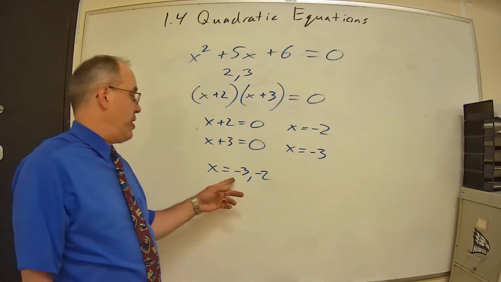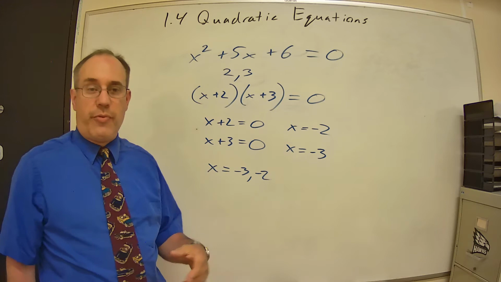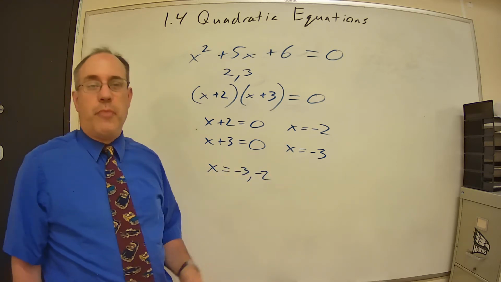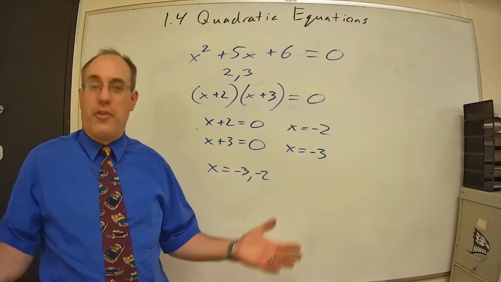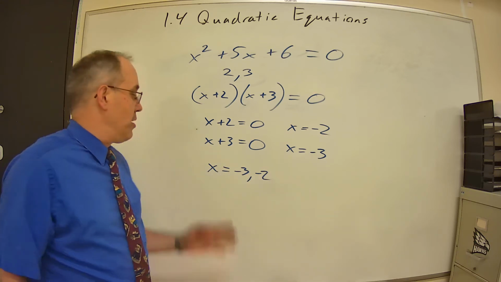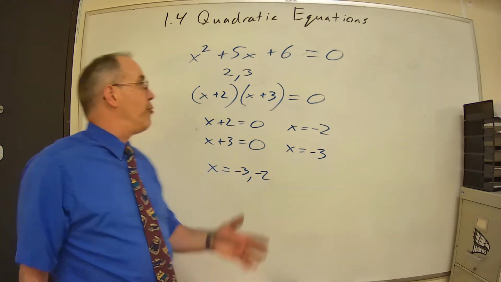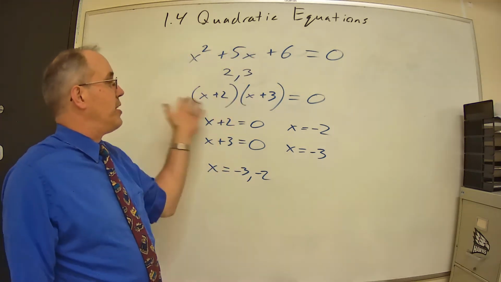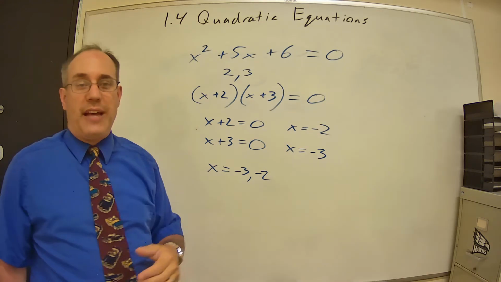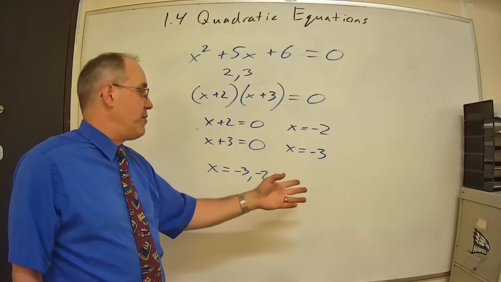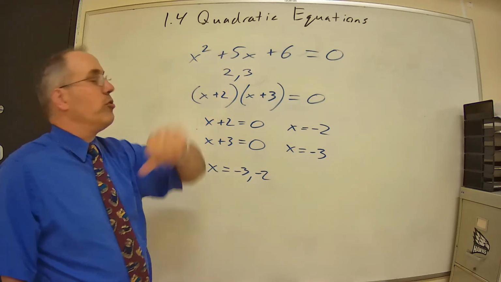Now why did I go negative 3, negative 2 instead of negative 2, negative 3? I went in numerical order, right? From least to greatest, doesn't matter. If you say negative 2, negative 3, who cares? It's the same thing. So either one is valid, but that's our idea, is that if we can factor it, then we can set each of those factors equal to 0, solve and find out what value gives us that, and that will be the solution to this.